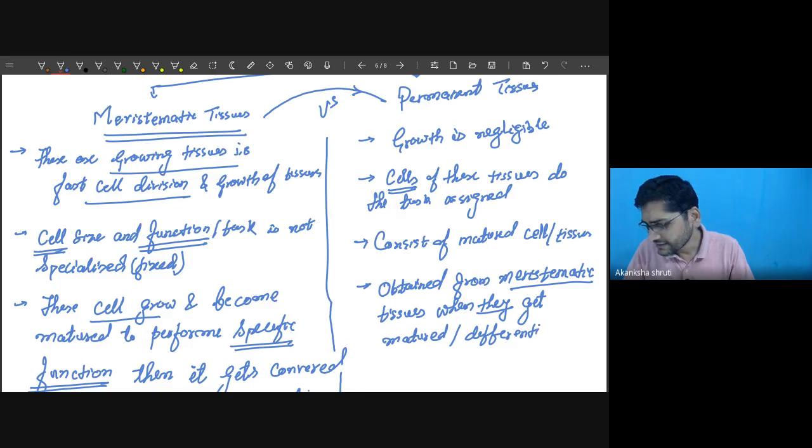That's why it is called permanent. Getting it? Meaning it is permanently existing for a specific task, and this process is called what? Differentiation. This formation of permanent tissue from the meristematic tissue is called differentiation.